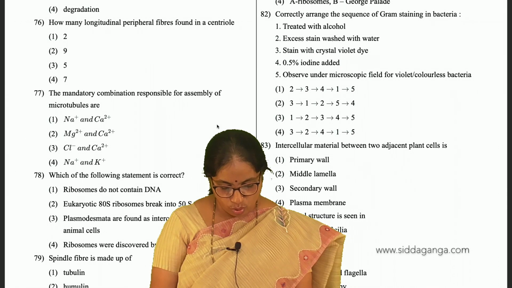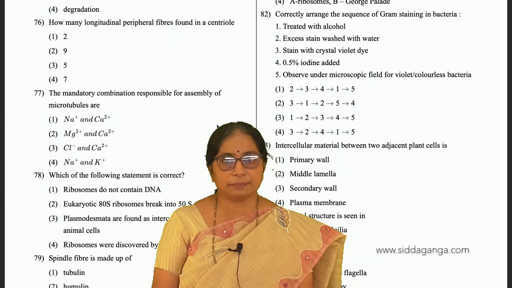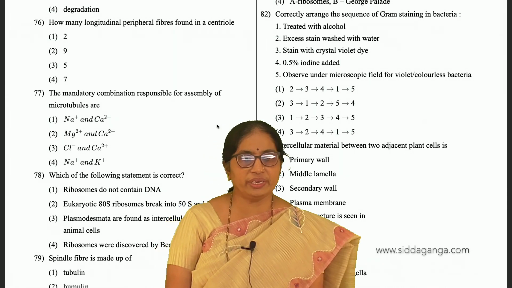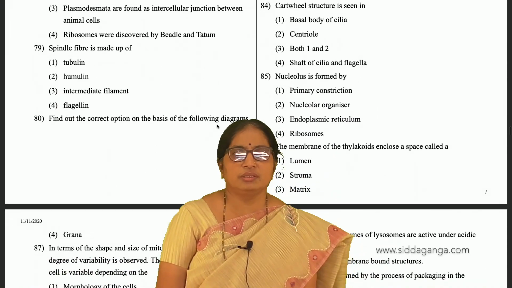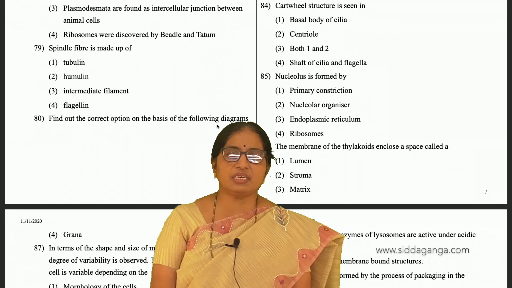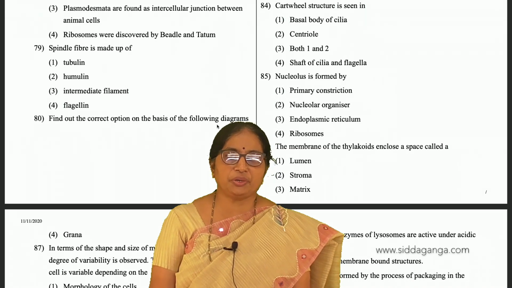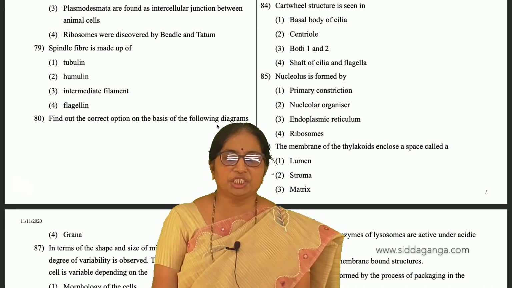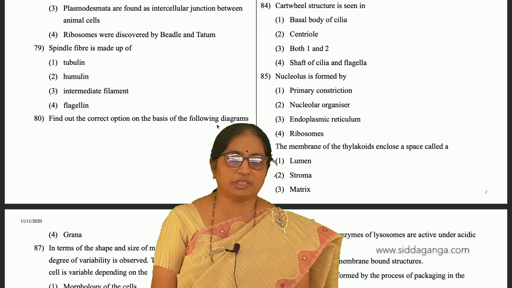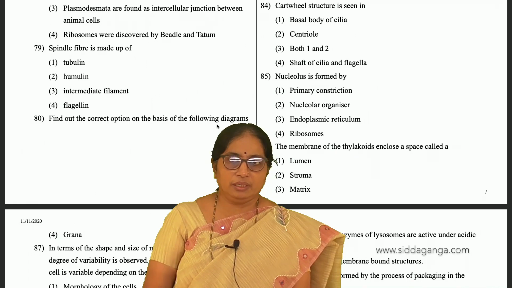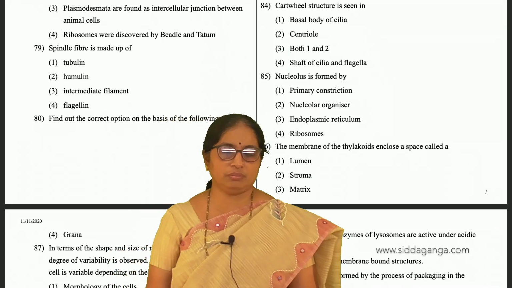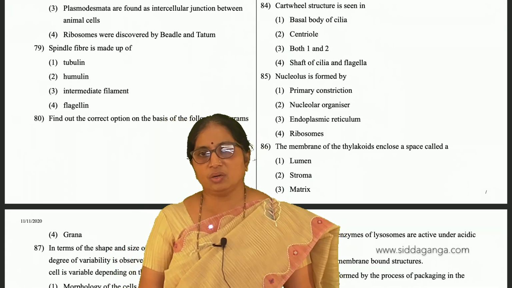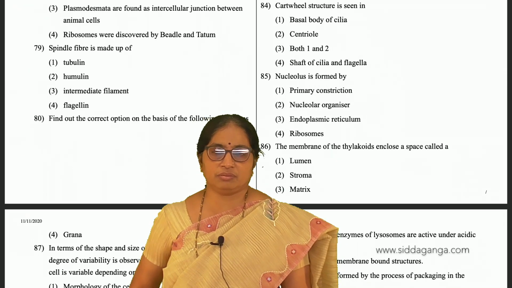Question number 24, cartwheel structure. Cartwheel structure is seen in basal body of cilia, centriole, both 1 and 2, shaft of cilia and flagella. Here the cartwheel structure is seen only in the centriole, but not in cilia or flagella.